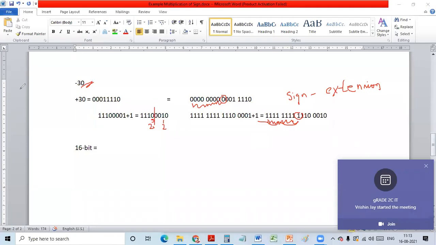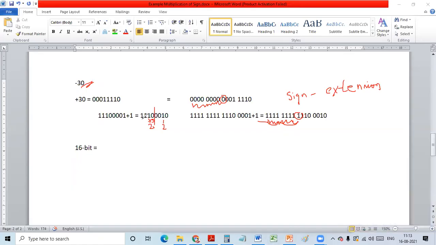Now, for 8 bits only, this is 2 power 1, and m starts with 2 power 0, 2 power 1, 2 power 2, 2 power 3, 2 power 4, 2 power 5, 2 power 6, 2 power 7. Likewise it may extend.